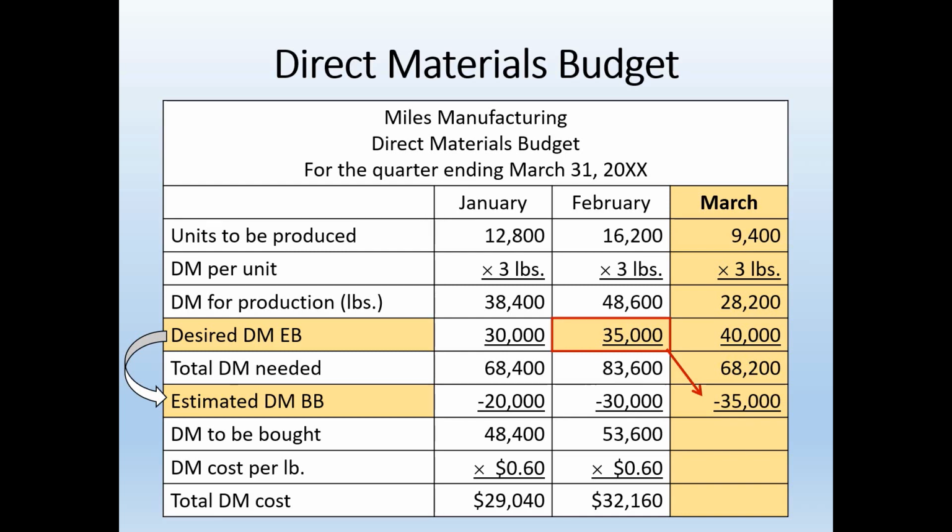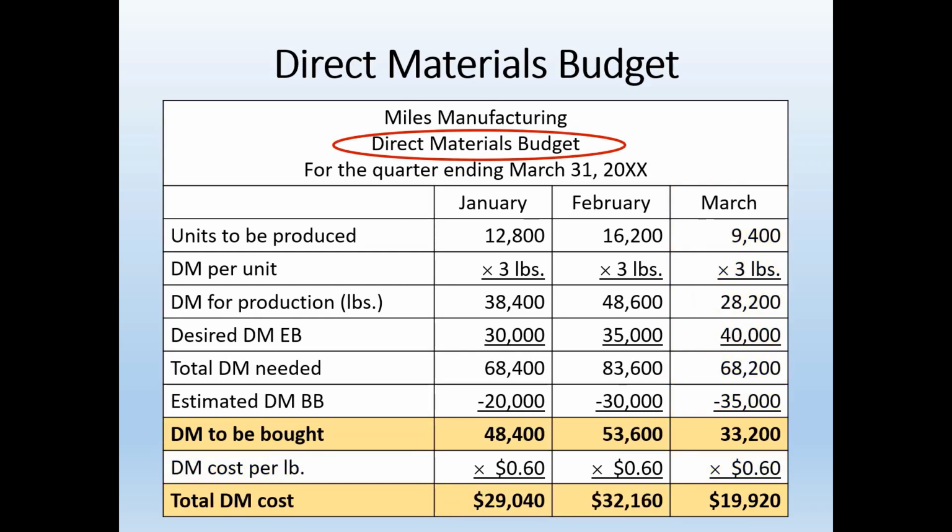So the total amount that the firm needs to buy is the total amount they need minus the 35,000 pounds they expect already to have. Multiply that by 60 cents per pound, and we find that in March, the firm needs almost $20,000 just to buy materials.